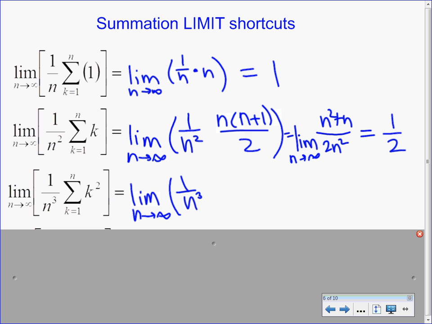All right, if we have k squared summed up from 1 to n, it's n times n plus 1 times 2n plus 1 all over 6.